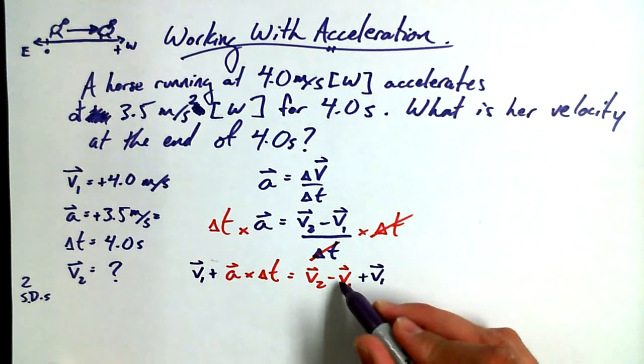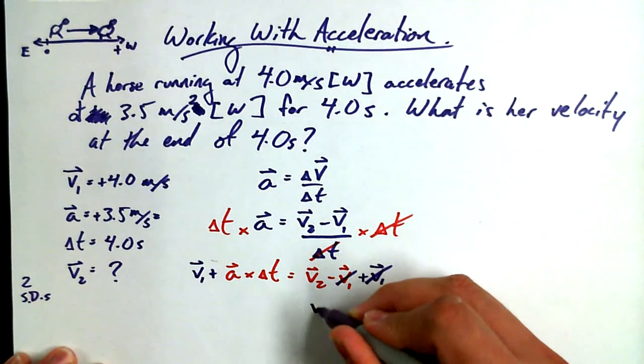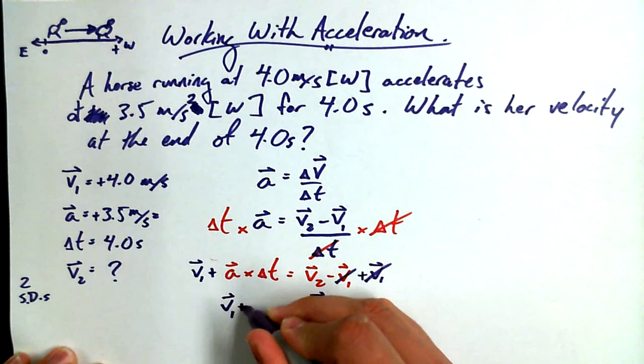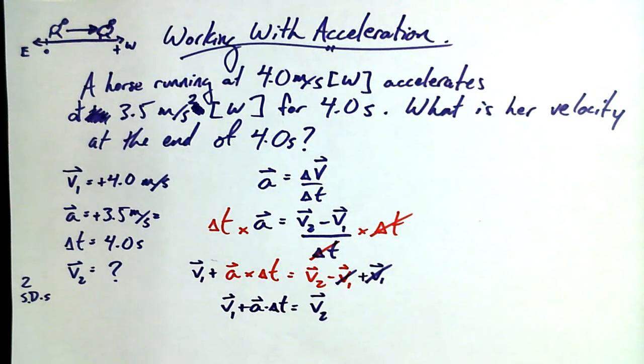And again, that eliminates the v1 from this side. And really, let's think about this as a balancing act. Let's not talk about this old-fashioned terminology of taking things across the equal sign and switching signs. Let's really try and be balancers here, okay? So now we've got v2 equals v1 plus a times delta t. Beautiful, that's a nice little equation, and I can use that.